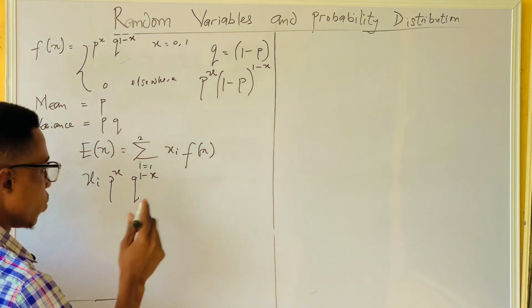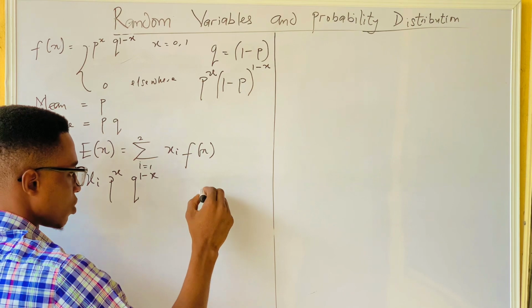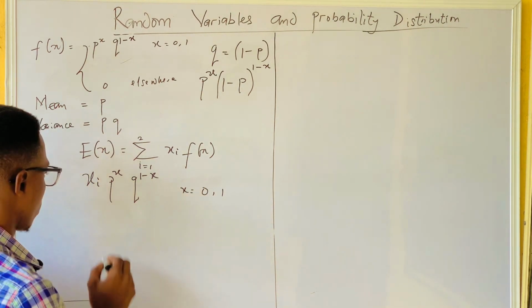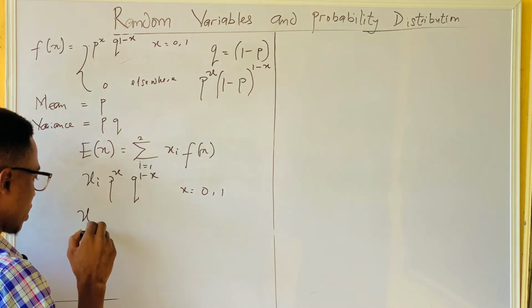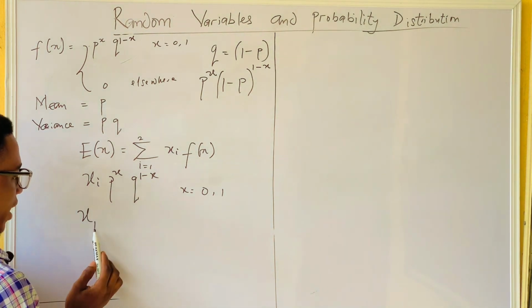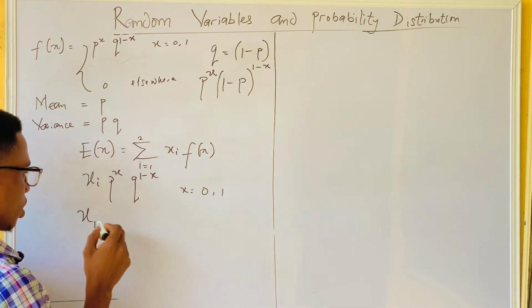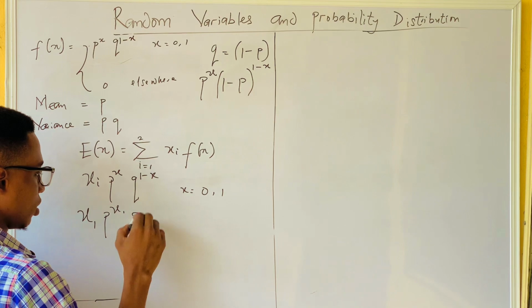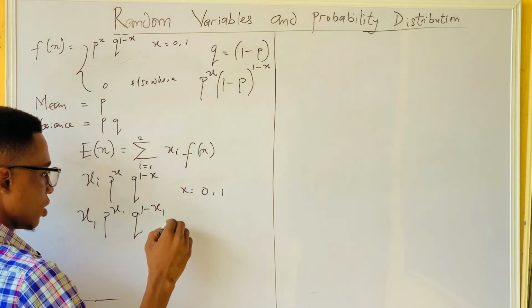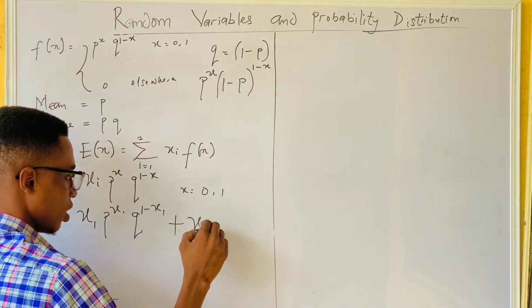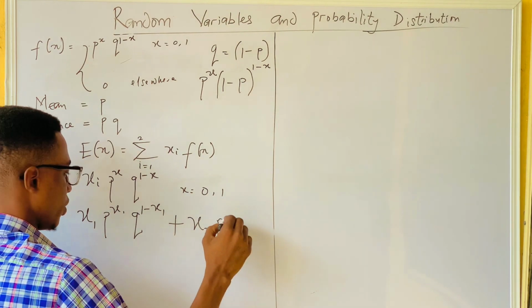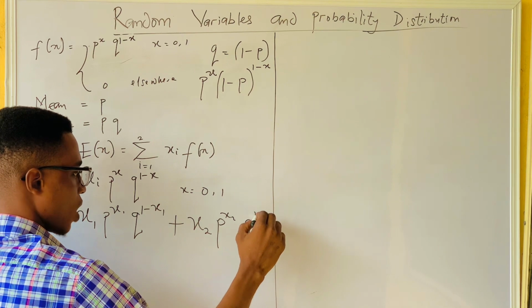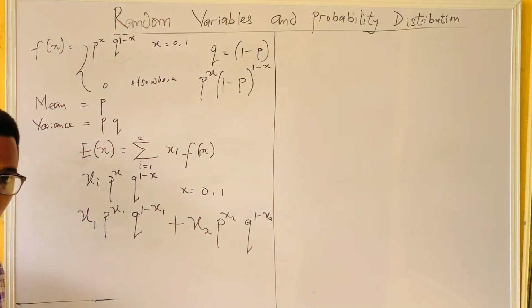Of course, we know that our x ranges from 0 to 1. We have x1 because our i ranges from 1 to 2. x1 p raised to power x1 q^(1 minus x1) plus x2 p raised to power x2 q^(1 minus x2).